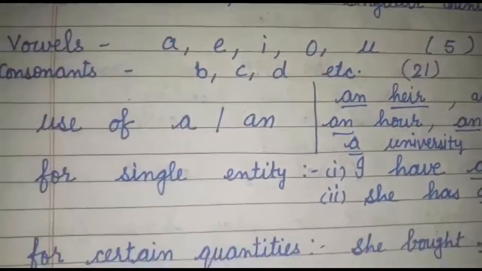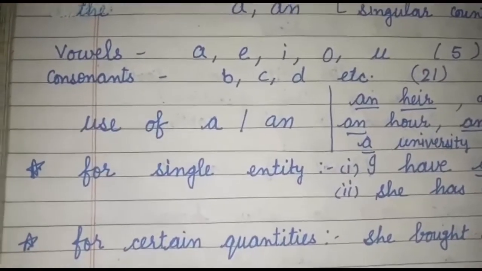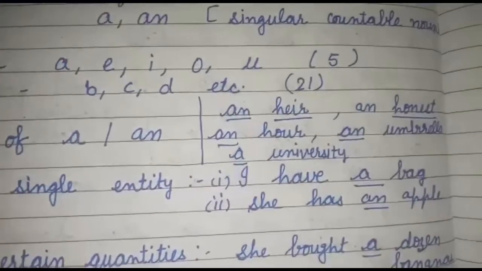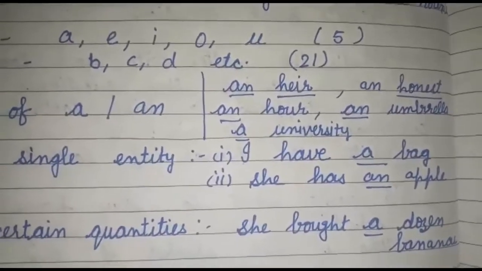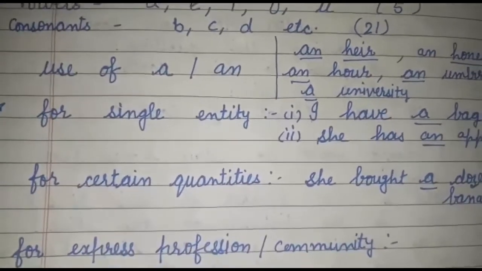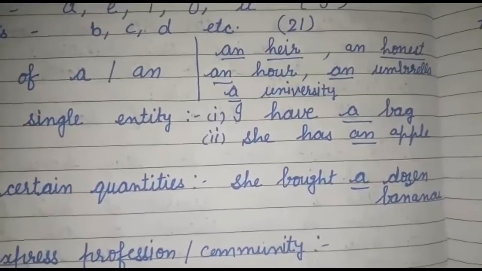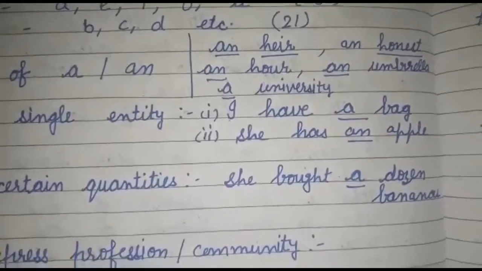Now, first of all, we will learn about the use of a or an. For a single entity, like I have a bag, she has an apple. For certain quantities, she bought a dozen bananas. Here we used a for quantities.